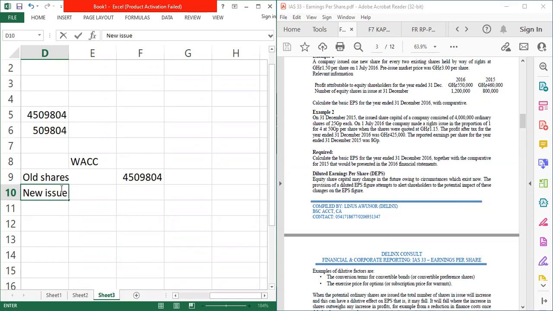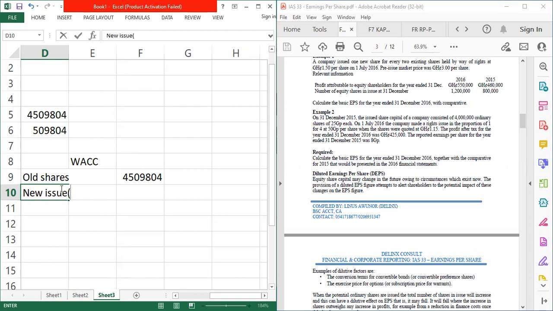What will be the remaining one? 490,196. So it is this 490,196 which relates to the actual market issue.